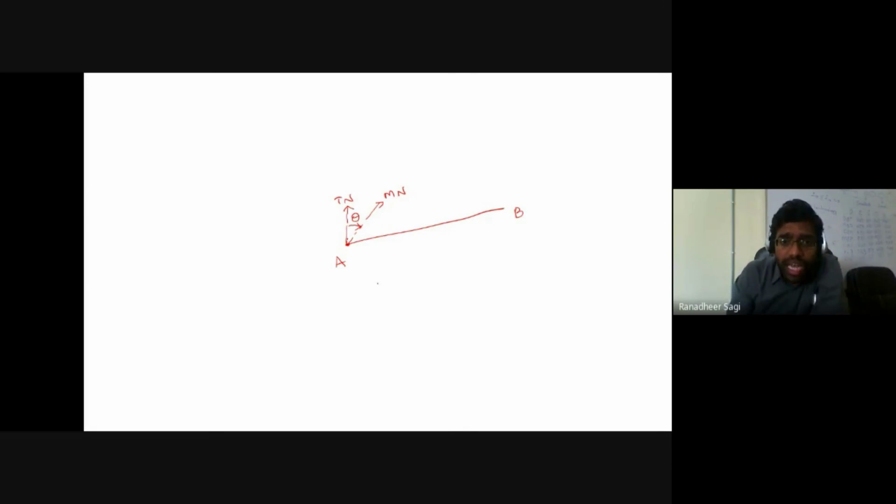Now let's say I want to get the true bearing of line AB. How do I write down the true bearing of the line AB? The true bearing of line AB is nothing but the angle made by that line AB from your true north. So this angle is what we write as your true bearing. Now, what is the true bearing of the line AB equal to?